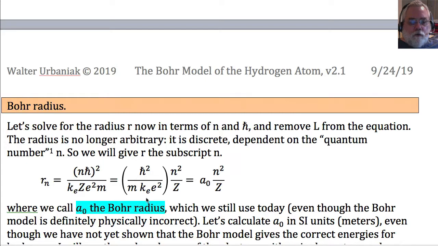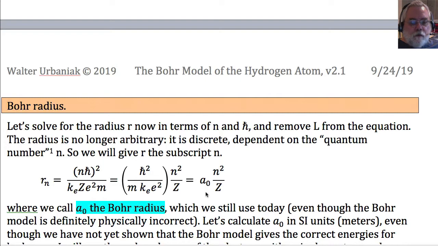If we work through the equations for r sub n, we get an equation that r sub n equals a sub 0 times n squared over z, where we call a sub 0 the Bohr radius, which we still use today, even though the Bohr model is definitely physically incorrect.